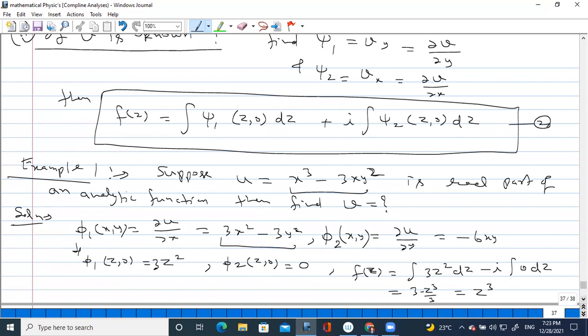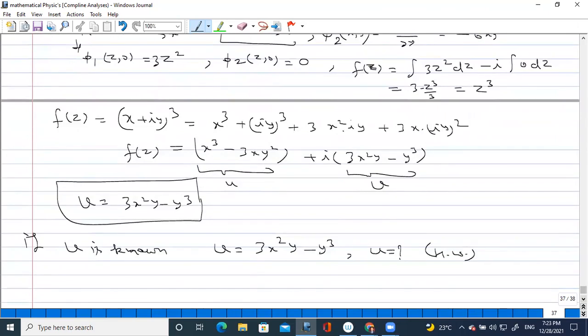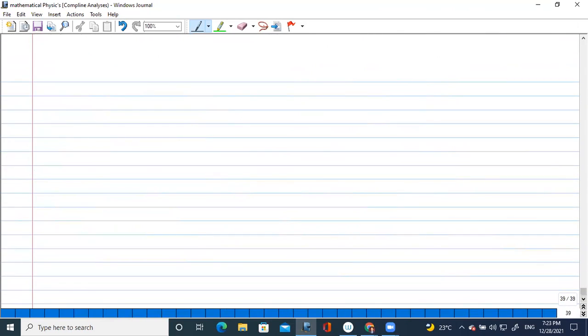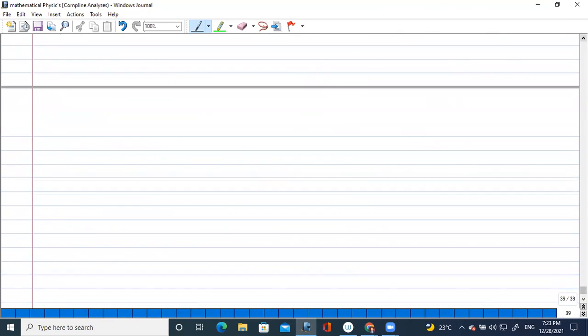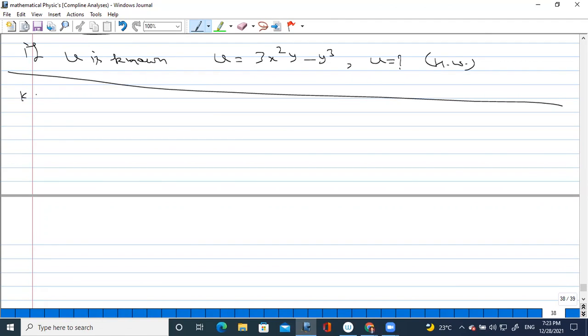Now one more question I will tell you, because sometimes a direct question comes and you can integrate directly. If you have just a little bit of knowledge of complex analysis, you can do that question. I will take one question, that is a CSIR 2020 question.